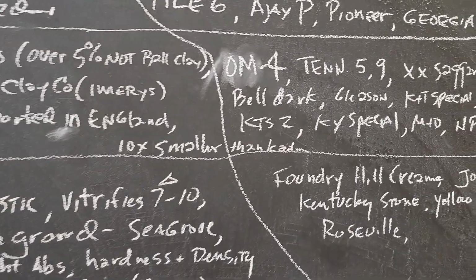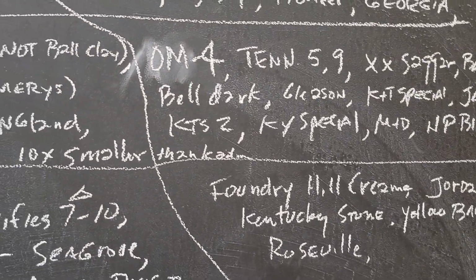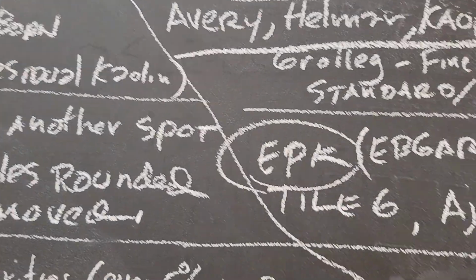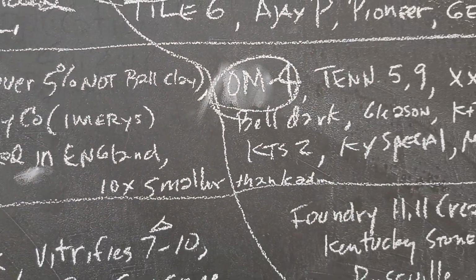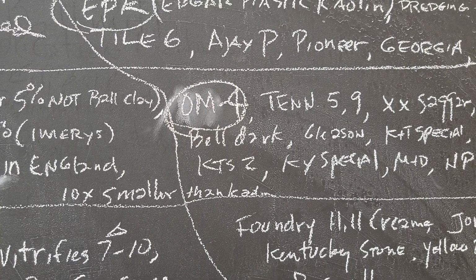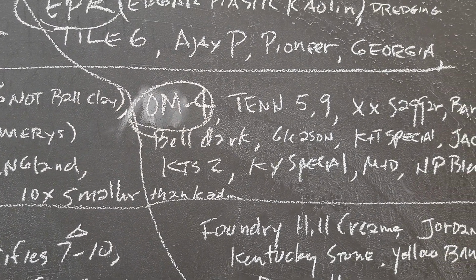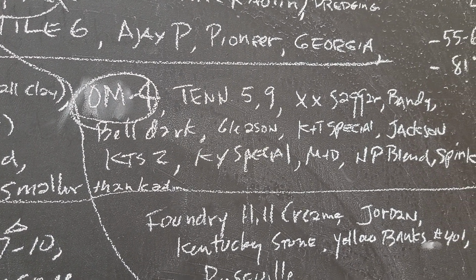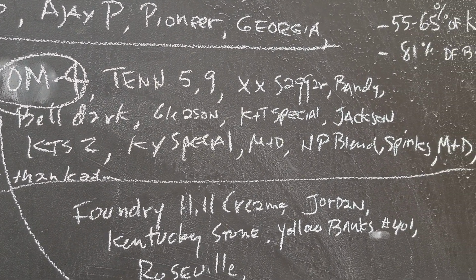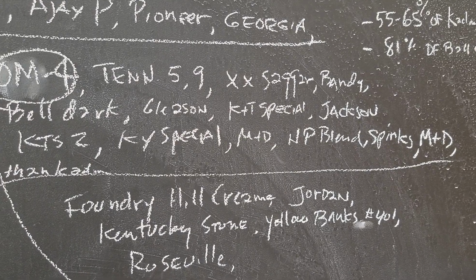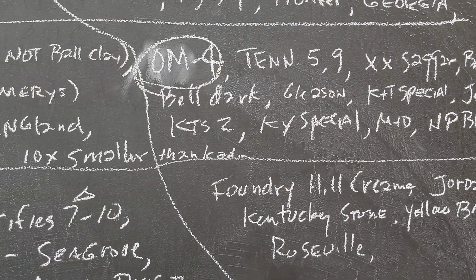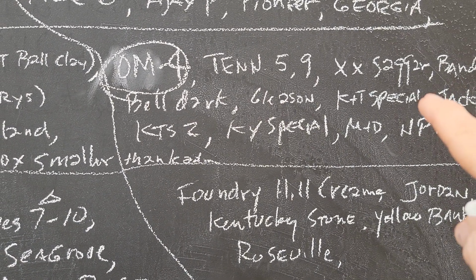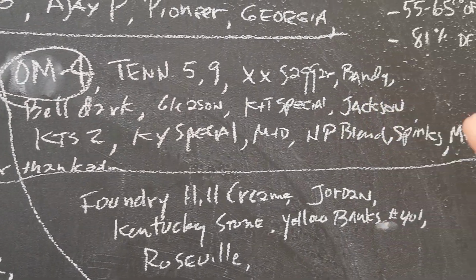All right, so some of the ball clays. Like I said, the main kaolin is going to be EPK. The main ball clay is going to be OM4, that's Old Mine number 4. There are many names of these things. Tennessee number 5, number 9, 10, I think is one. XX Sager, Bandy, Bell Dark, Gleason, KT Special, so you know that's Kentucky, Tennessee.